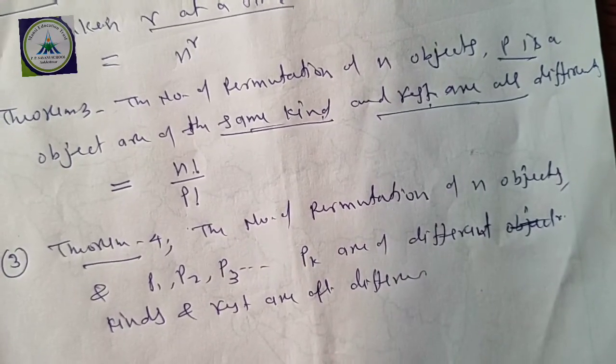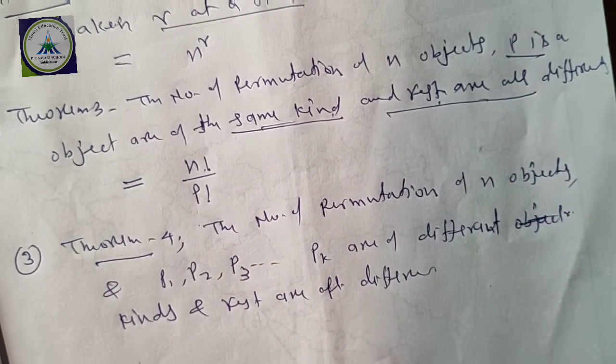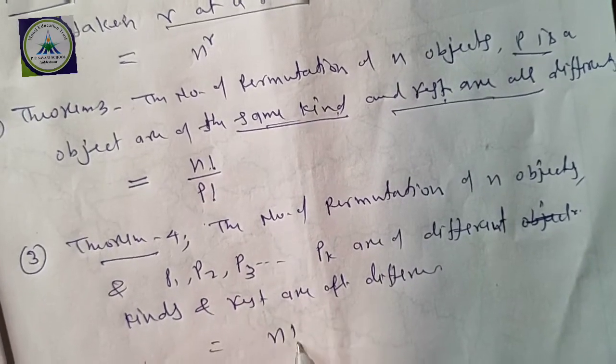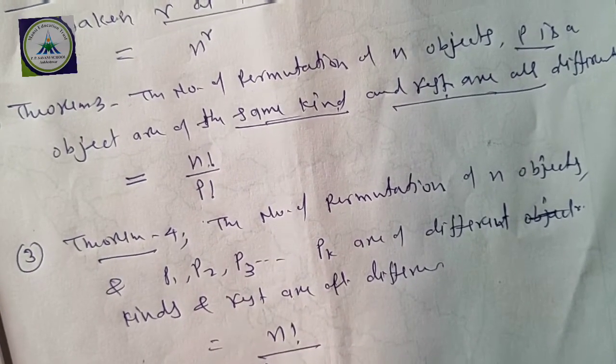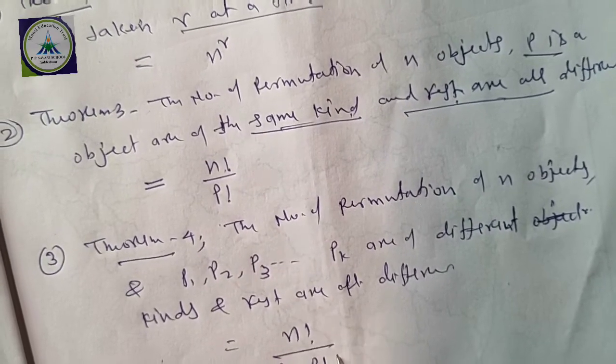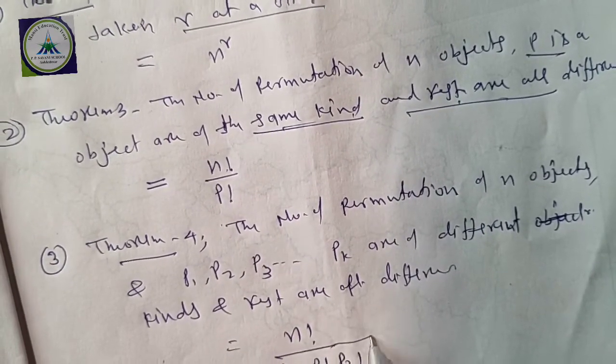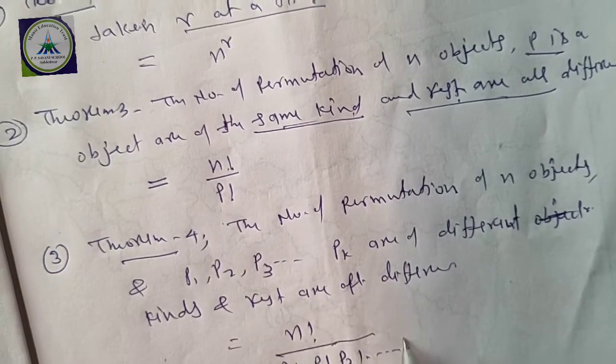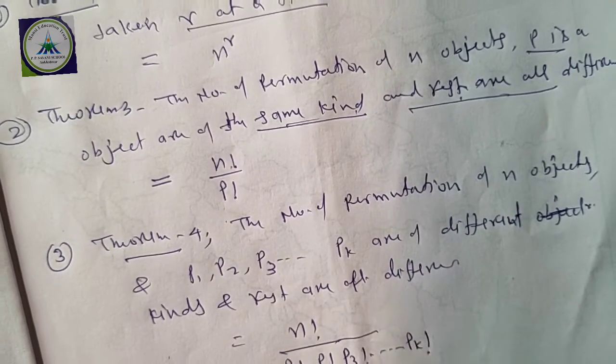So use this formula: factorial n upon factorial p1, factorial p2, factorial p3, and so on, factorial pk.